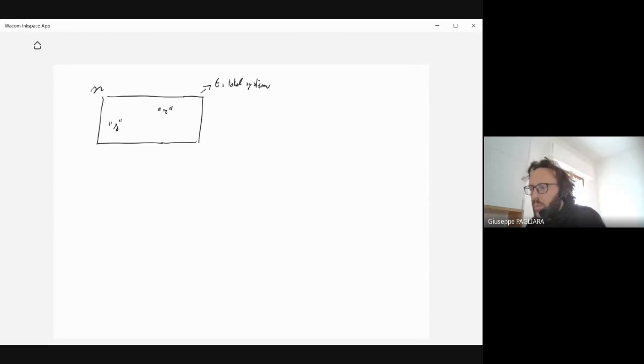The reservoir can act as a reservoir because it has a very large heat capacity. So it's a large system, and therefore it can exchange energy without any variation of its temperature.